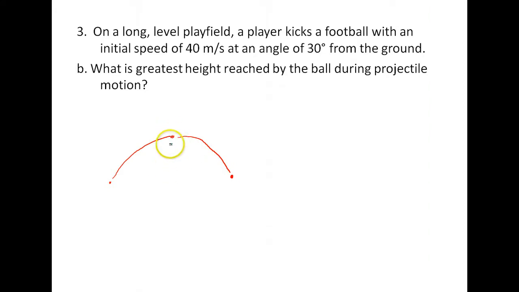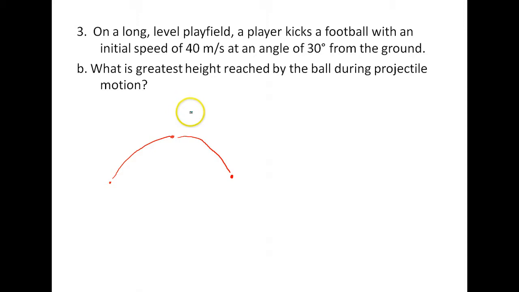The distances that it goes are the same. So I prefer to start here at the top and then come down here to the bottom. Those are the 2 places I'm going to choose to do my calculations from.